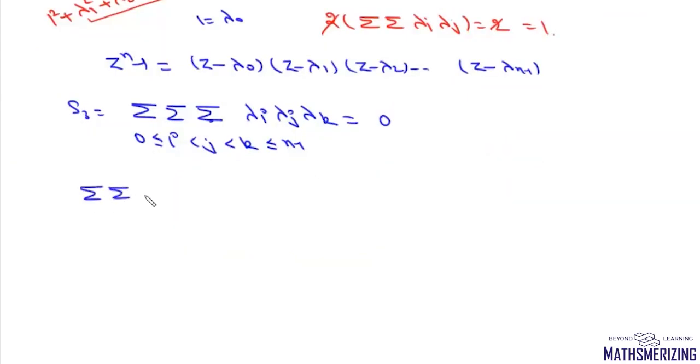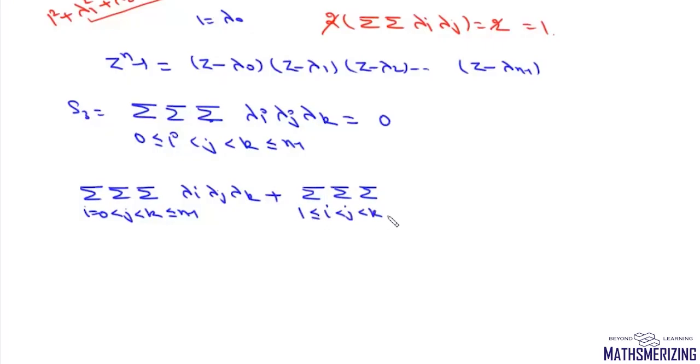First case, when i is equal to 0 and j is less than k is less than equal to n minus 1, lambda i, lambda j, lambda k, and then plus this summation 1 is less than equal to i, is less than j, is less than k, it is less than equal to n minus 1, lambda i into lambda j into lambda k, and this value it is 0.